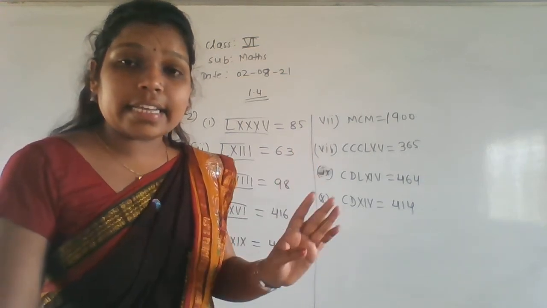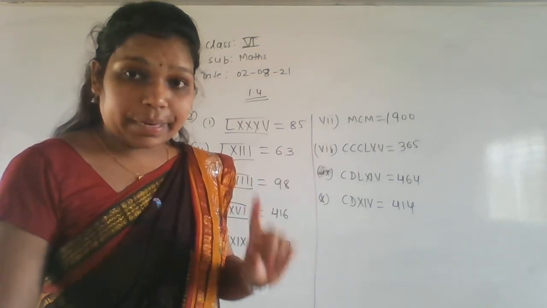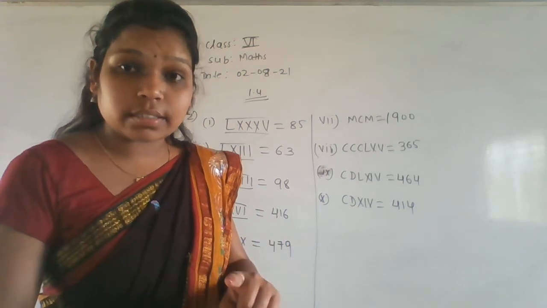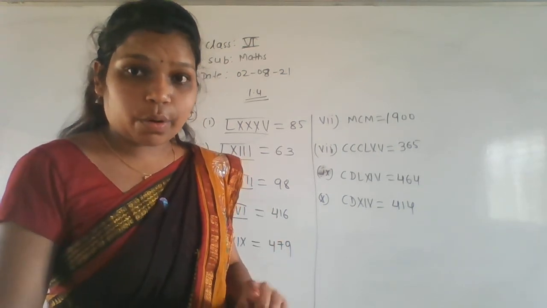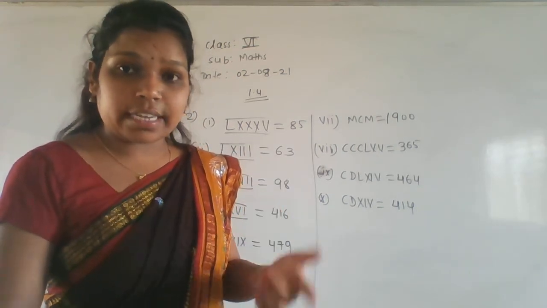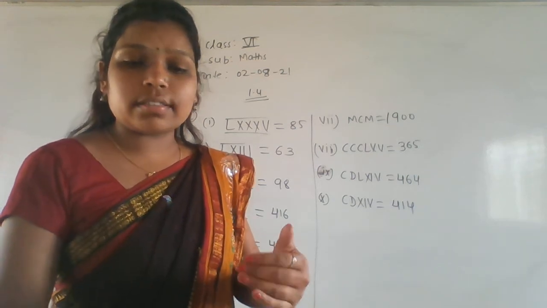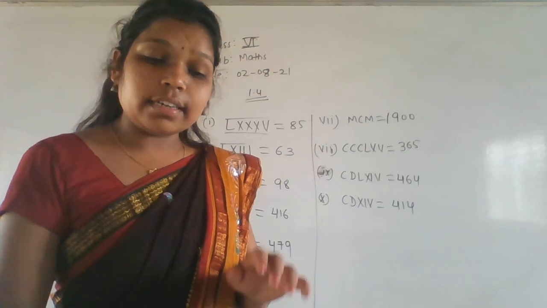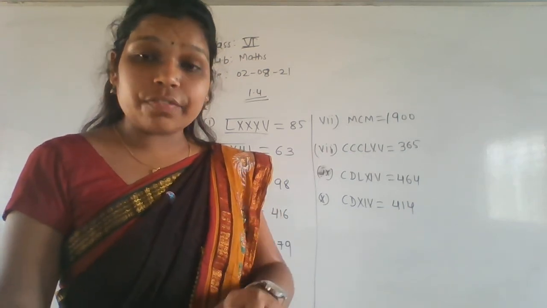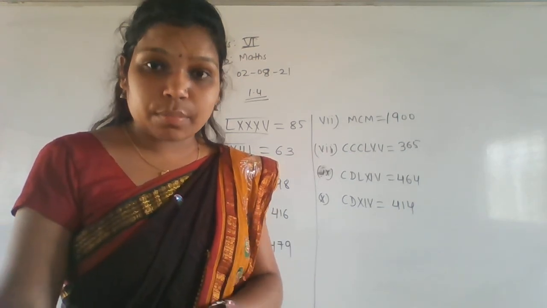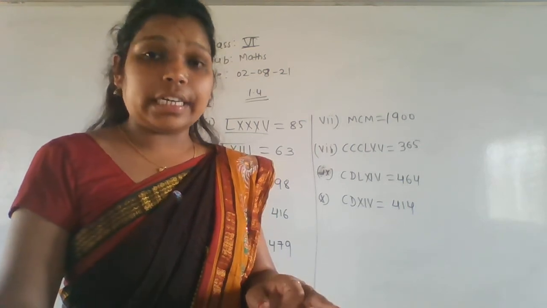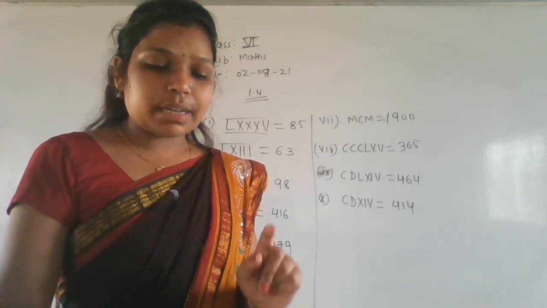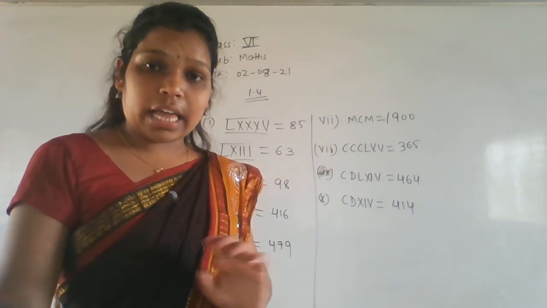Because there are Roman numerals, don't get confused here. I'll send a PDF in the next class about exercise number 1.4, that you have to write in the CW. First main, second main, third main, fourth main, all I'll give.